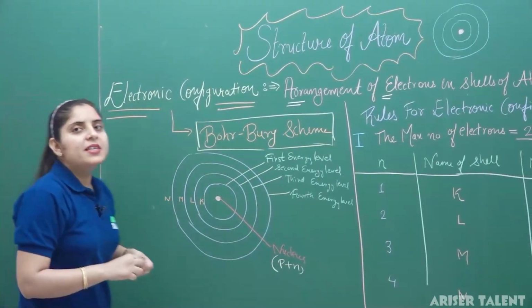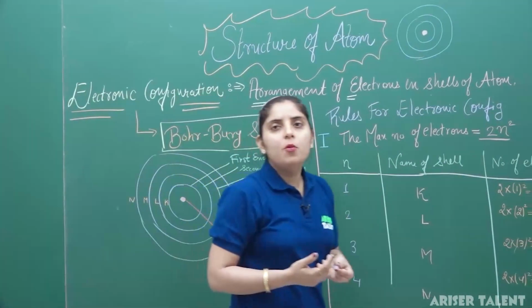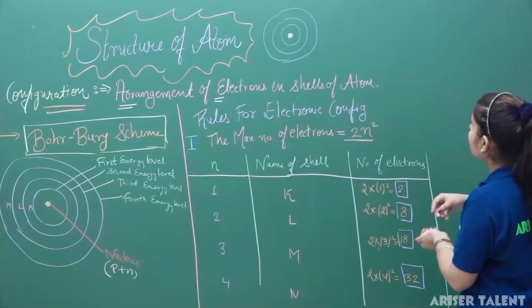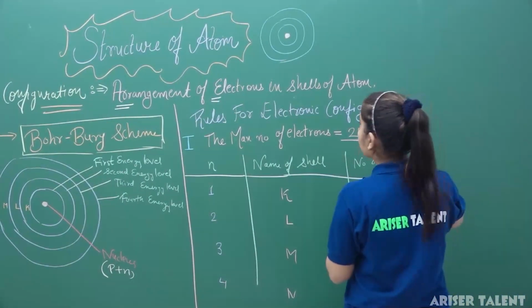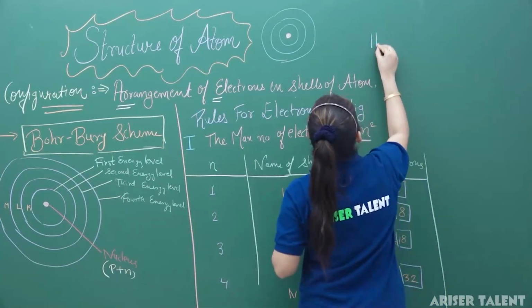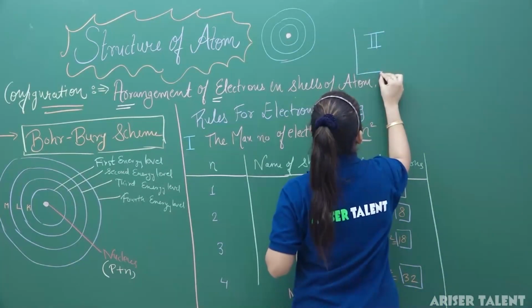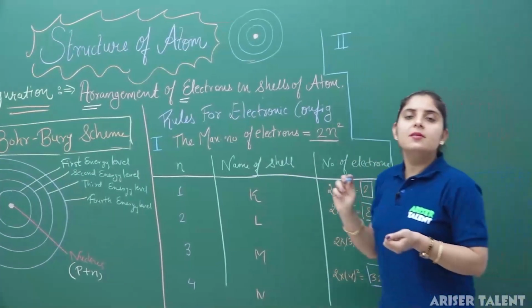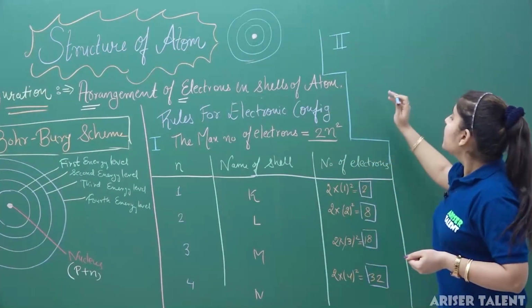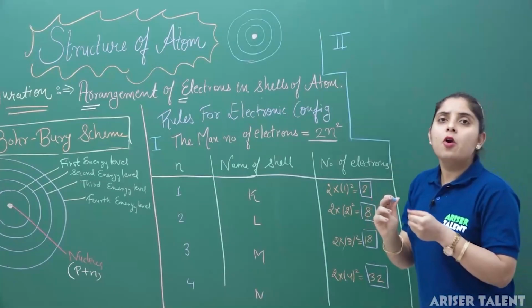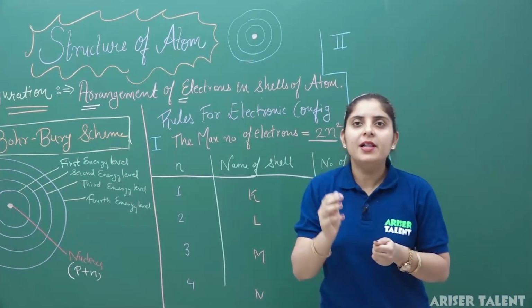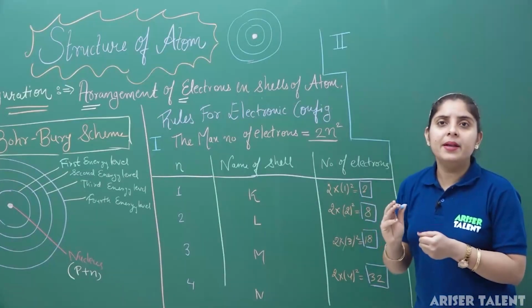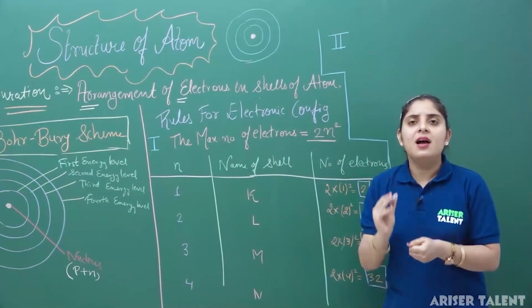Now, we will discuss the second rule of the Bohr-Bury scheme. According to the first rule, we can fill the electrons in an atom according to 2n square, but there is a limit: we cannot exceed 8 in the last level.